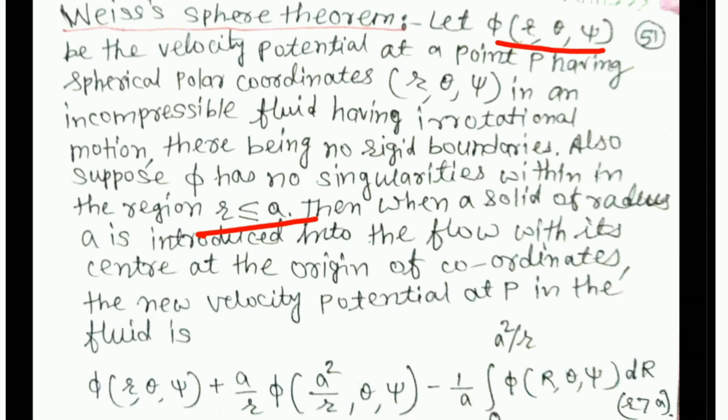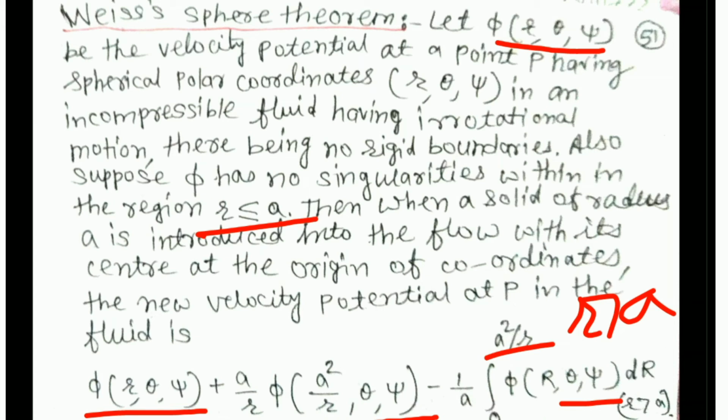Then when a solid of radius a is introduced into the flow with its center at the origin of coordinates, the new velocity potential at point P in the fluid is phi of r theta psi plus a upon r phi of a square upon r comma theta comma psi minus 1 upon a integration over 0 to a square by r of phi of r theta psi dr, where this r is greater than a.